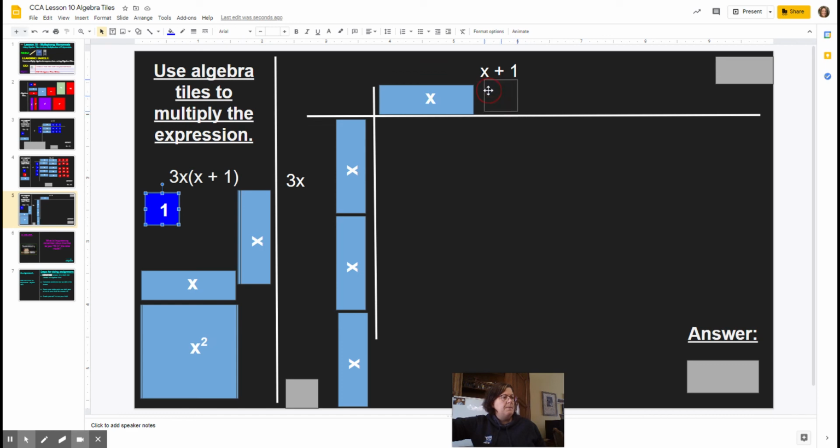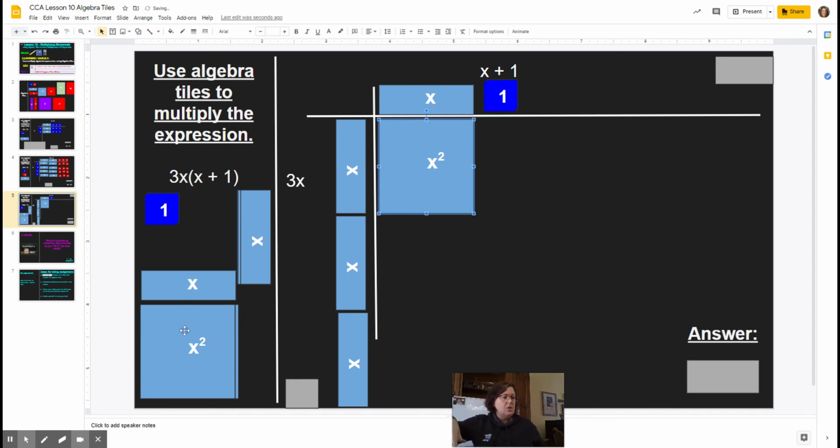All right. So there's your 3x and your x plus 1. Then underneath, I'm kind of leading you in terms of what it should be, right? So you need 3x squareds. Now notice the other thing that you hopefully noticed is that if you think of the height of the x and the width of the x, when you put them together, they do make that x squared.